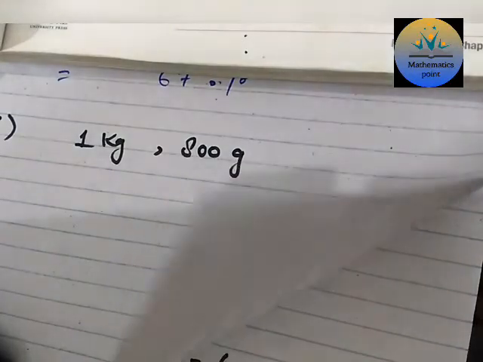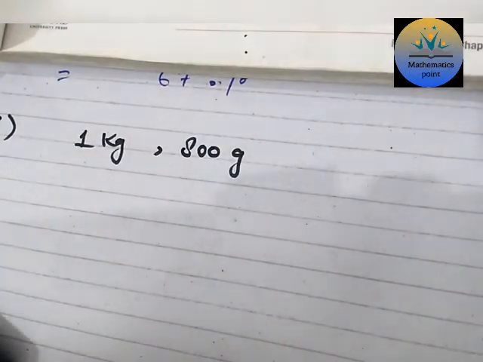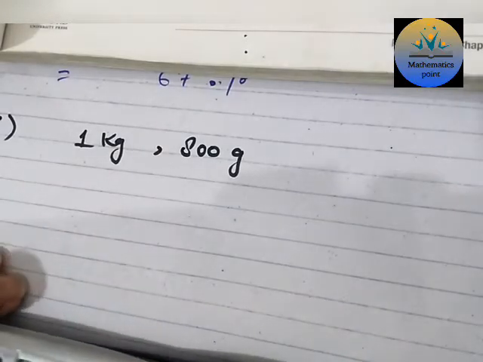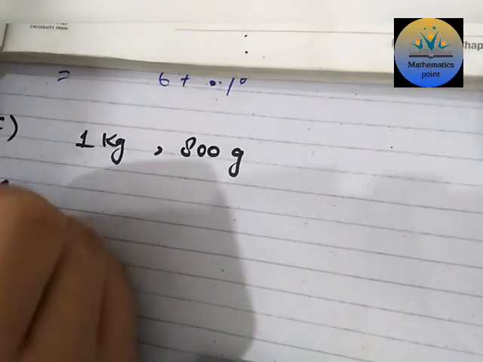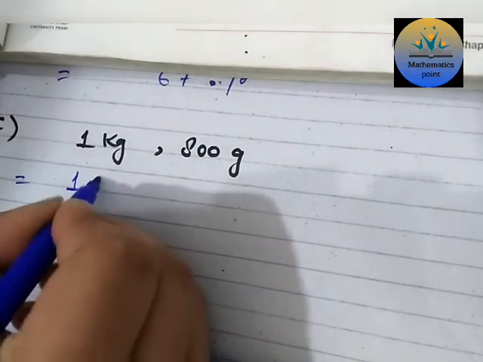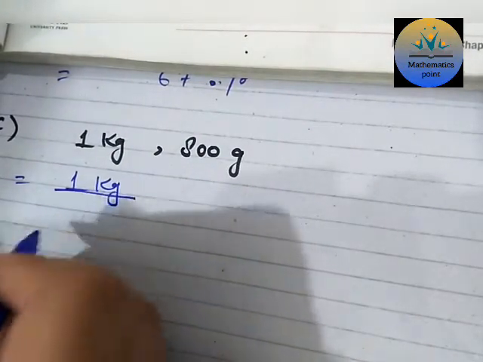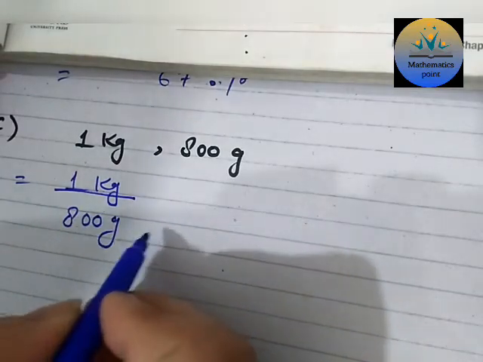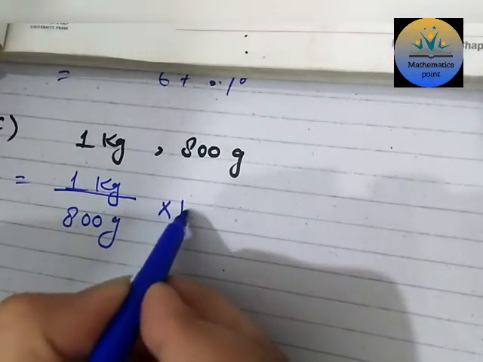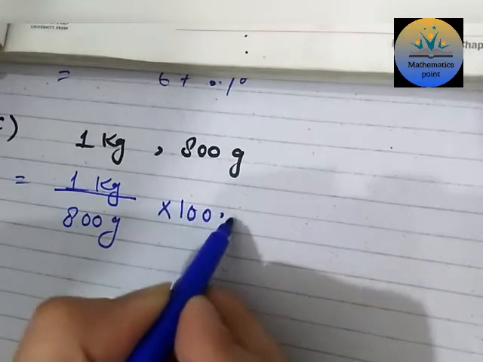Okay, so now the part F, in which we have to convert 1 kg into 800 gram as a percentage. Now we will write 1 kg by 800 gram, as we want to find the percentage, so multiply with 100% here.